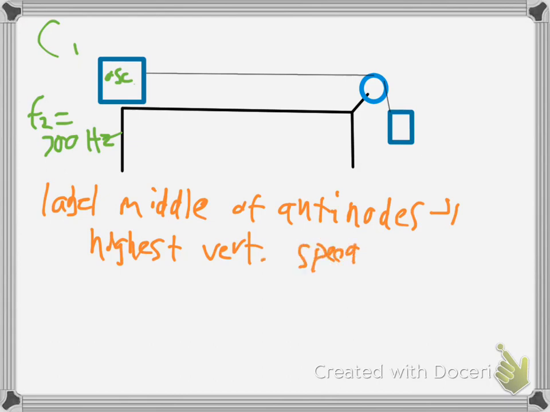Because that's where they're going up and down. For the second harmonic, that means we're going to have two antinodes. This black line here is me trying to indicate a center line for the string to make it easier to draw.